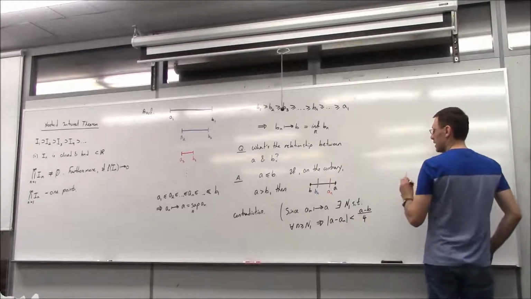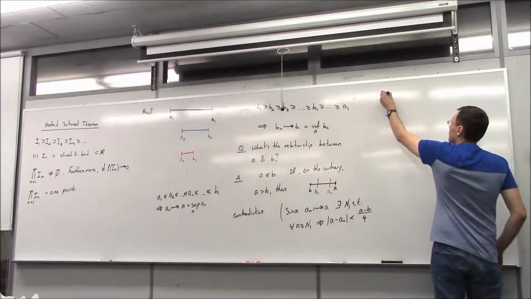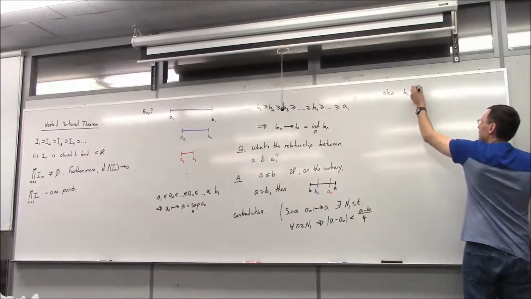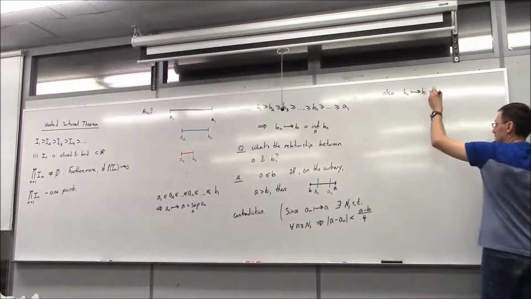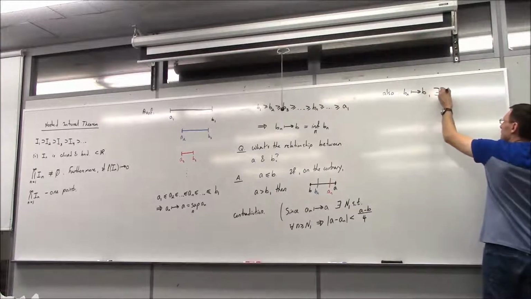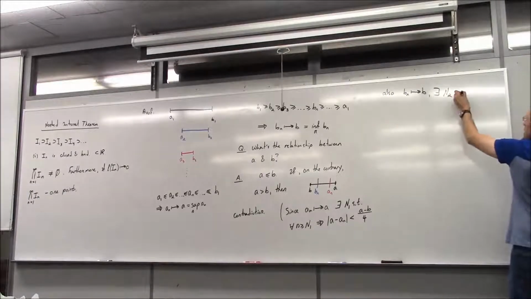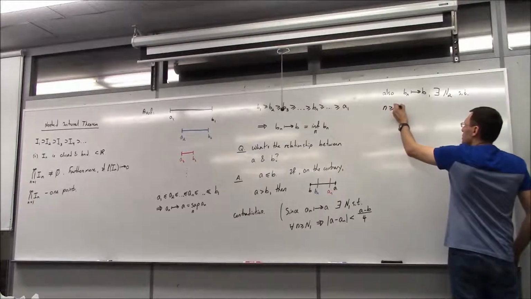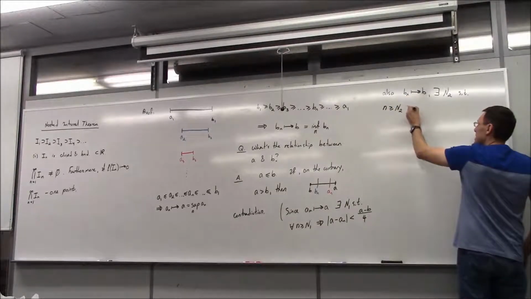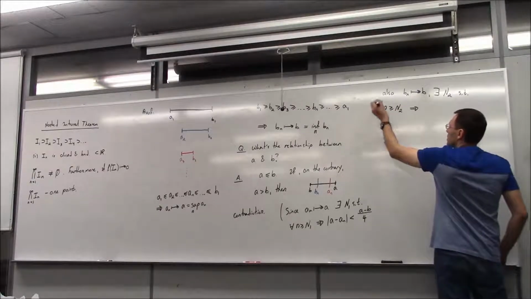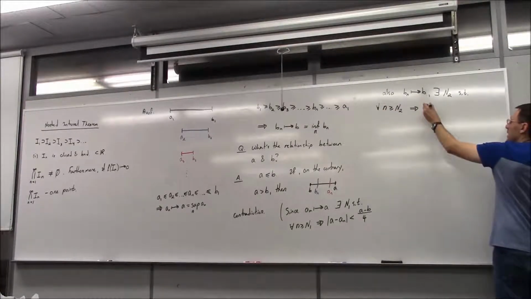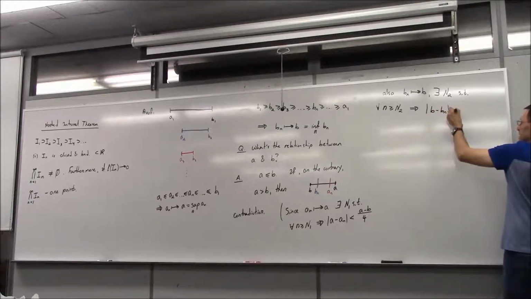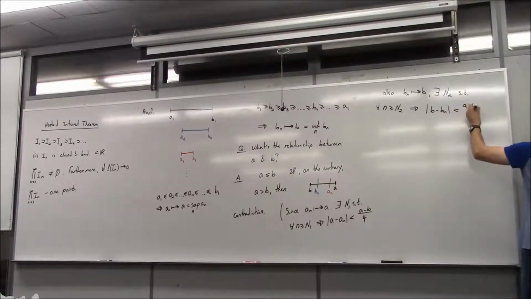So what happens then? And also, Bn goes to B. So there exists N2 such that for all N bigger than or equal to N2, B minus Bn is less than (A minus B) over 4.